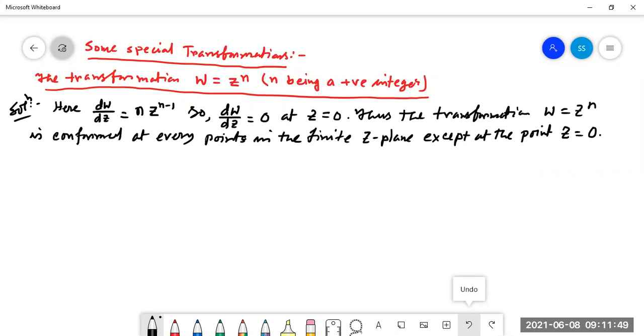Now let us consider W equal to R e to the power I phi. We are taking that value of W equal to R e to the power I phi, and here the transformation is given W equal to Z to the power n.